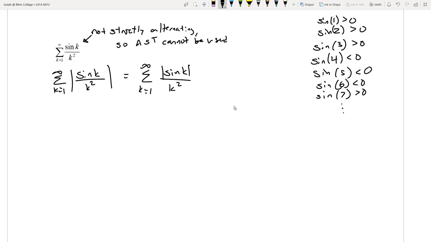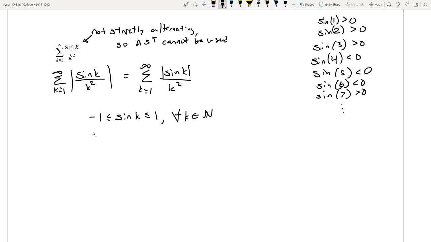So the usual problem with sine is that it kind of bounces back and forth. So what we want is to maybe compare this to something a bit more stable. So we'll use the comparison test. So we know that the sine of k has to bounce in between -1 and 1 for all k in the natural numbers. So we'll go ahead and figure out division here.